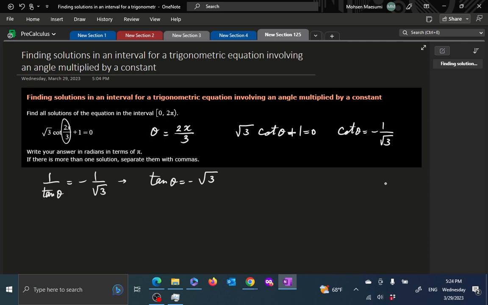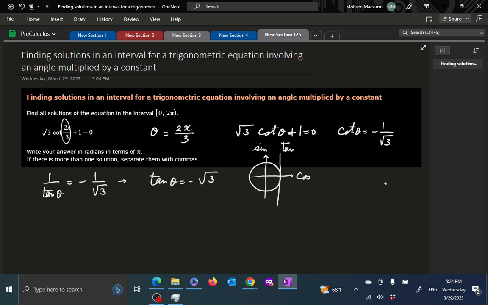Now we can look up the table or the unit circle, or practice drawing the unit circle and remind ourselves that way. So here I have a unit circle. Remember, this was the cosine axis, this was the sine axis, and this was the tangent axis.